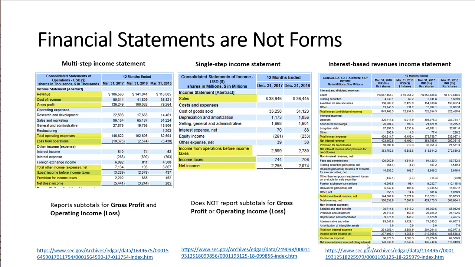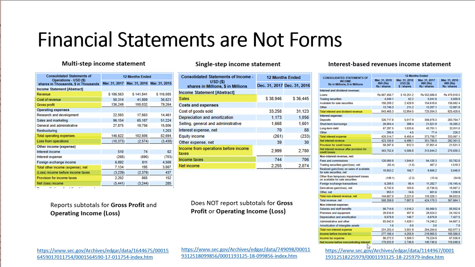Each of these, I don't want to get into that, but basically the total of the income statement is the same: net income, loss. They also all have income tax expense or benefit, and they all have income loss before taxes. But the line items before that are all different.